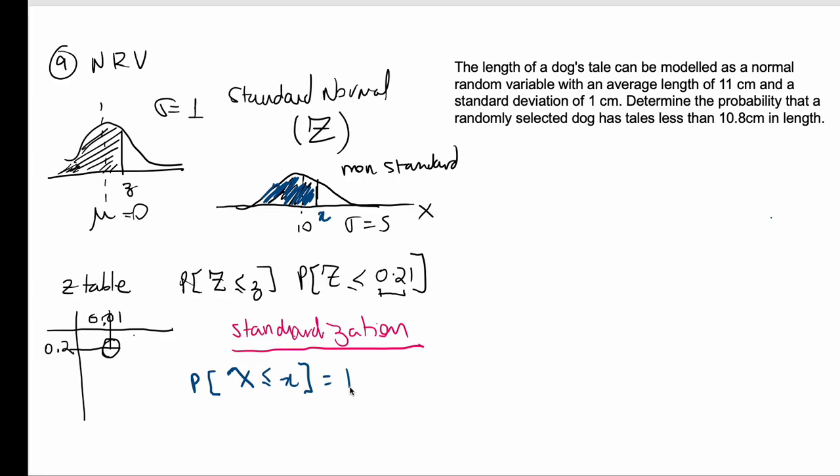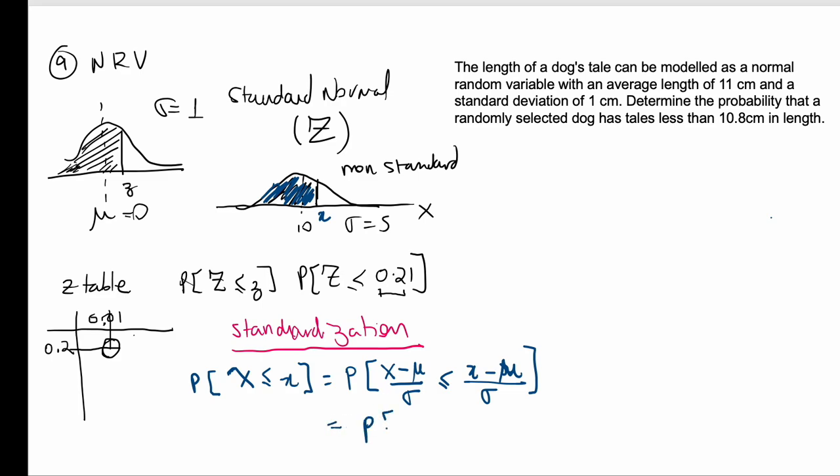You take this probability is equal to, take both sides of your inequality and subtract the mean and divide by the standard deviation. If you do that on both sides, this is the same thing.